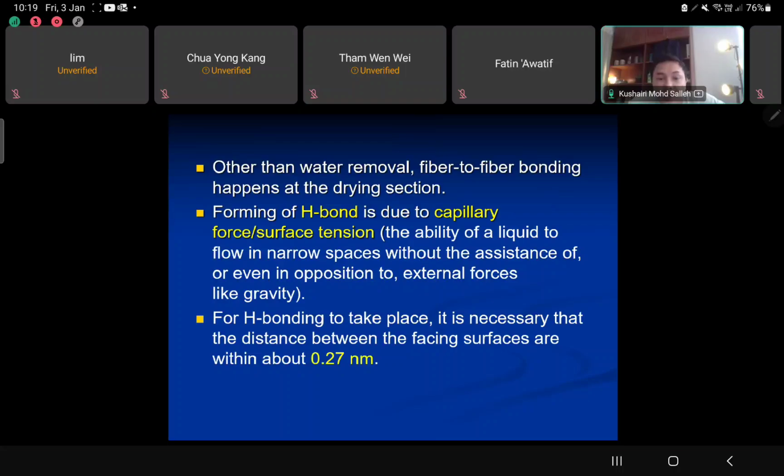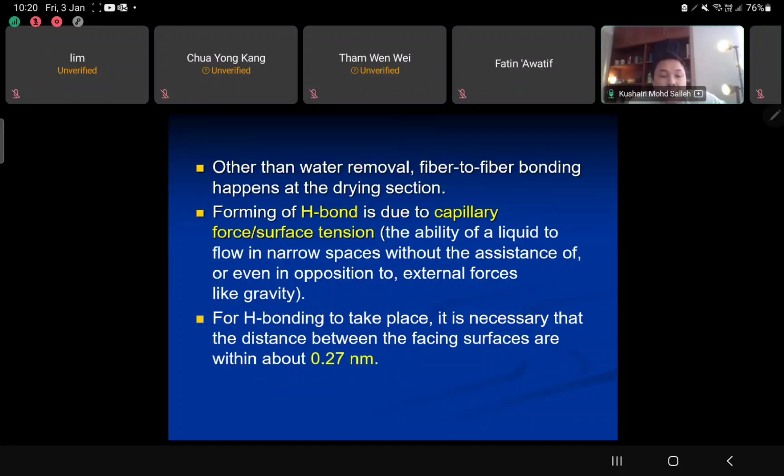So the forming of hydrogen bond is due to the capillary force or surface tension. Basically, as the water is reduced, the surface tension will be increased. So that's why we will have the capillary force, the ability of a liquid to flow in narrow spaces without the assistance of, or even in opposition to, external forces like gravity.